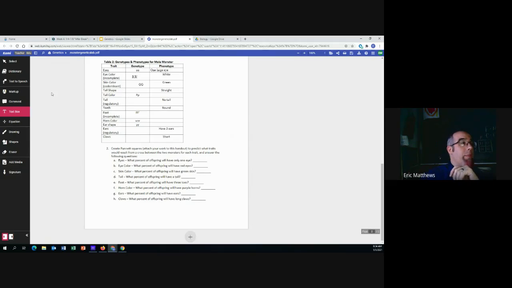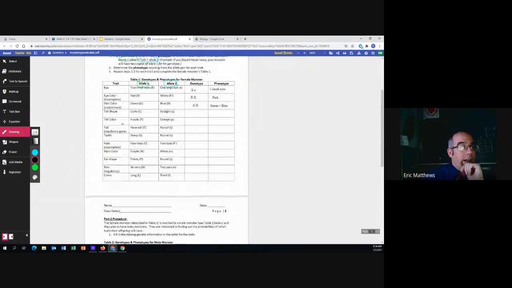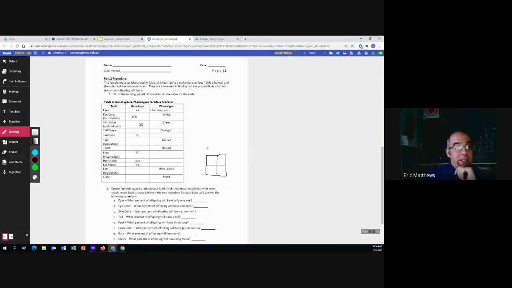So, for example, this is going to look terrible because I'm just going to try to draw it freehand. I'm just going to put it right here. There's our terrible box. Let's imagine we do the first one. Eyes. All right. Our girl monster in this example was big E, little e. So I'll take hers and I'll spread them out because of segregation of alleles.